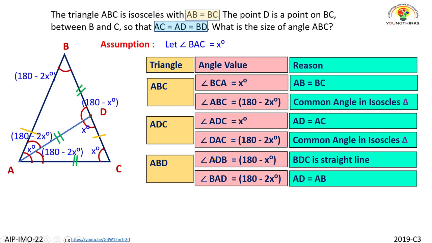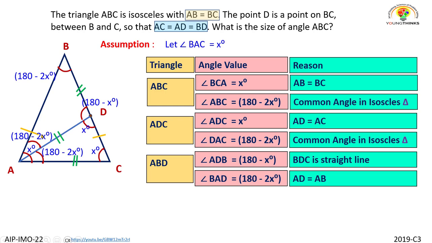Why is that angle also 180 minus 2x? Because triangle ABD is isosceles, these two sides are equal. You've been given that AC, AD, and BD are equal, so BD and AD are equal, making it an isosceles triangle. The common angle is 180 minus 2x here, and the same will be equal to that, 180 minus 2x as well.